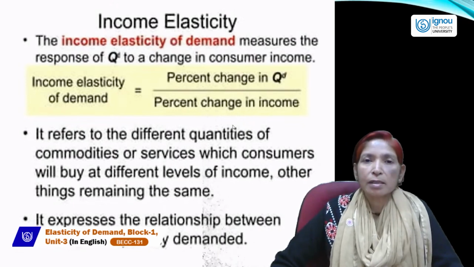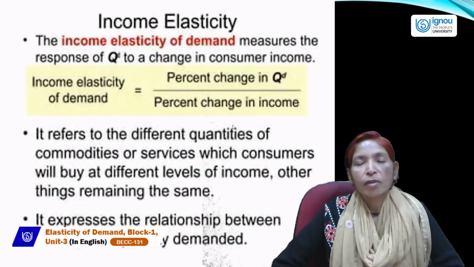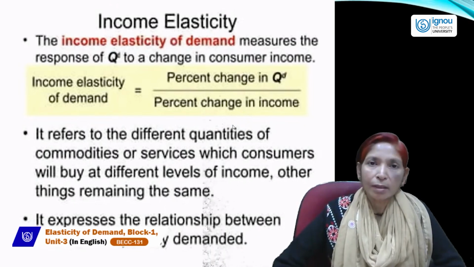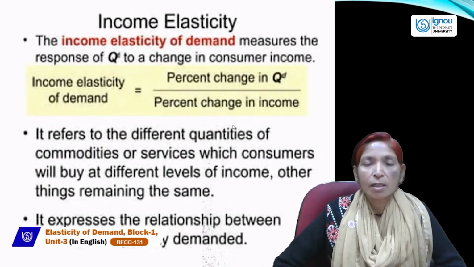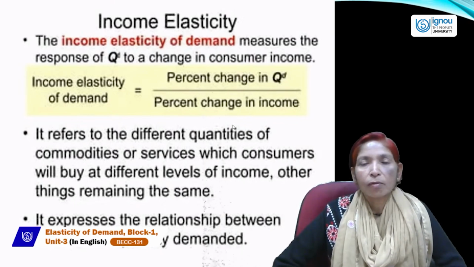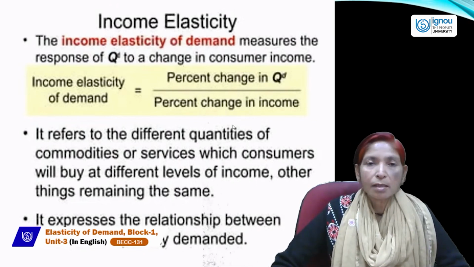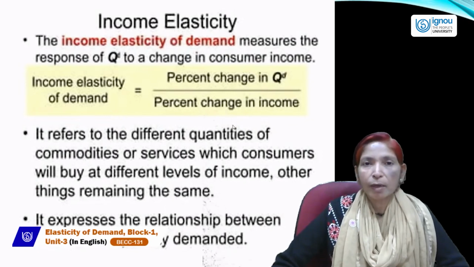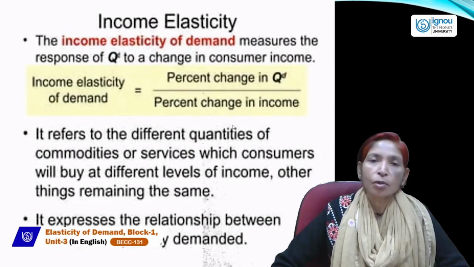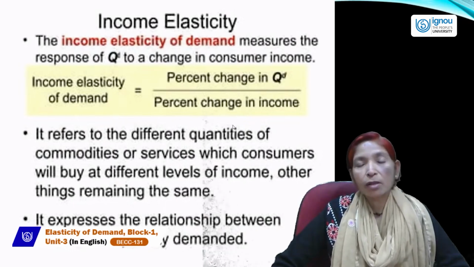And the third commodity is necessities goods. Necessities goods are those goods which are very necessary for survival. For example, wheat, rice, sugar, milk, fruits, vegetables, water, etc. These goods are known as necessary goods, and necessary goods demand is not affected by price, not affected by income of the consumer, because necessary goods are very compulsory to buy.